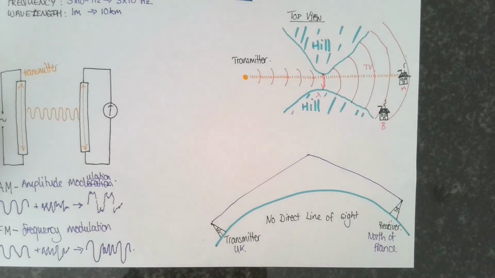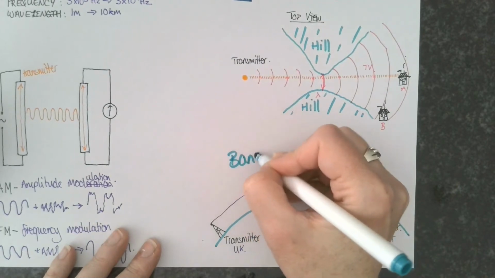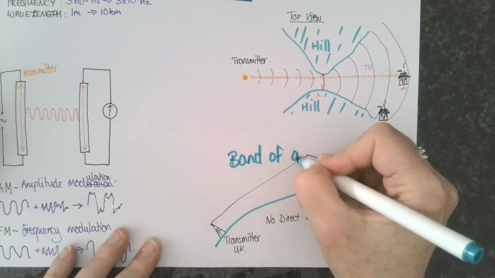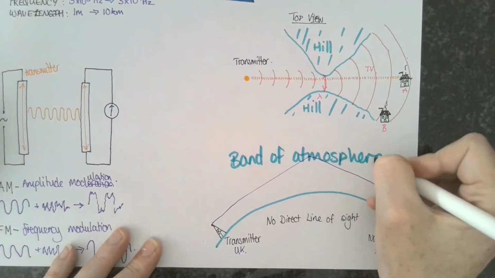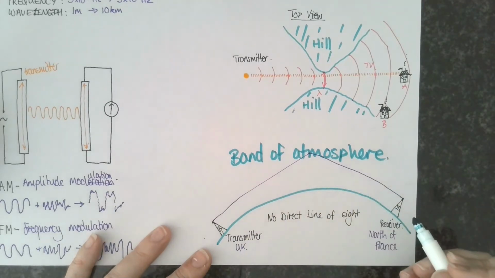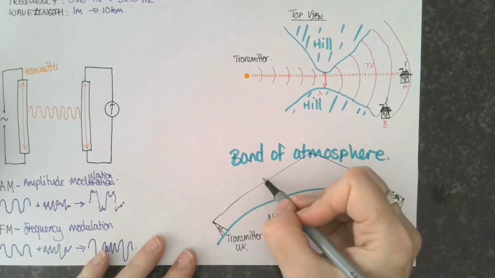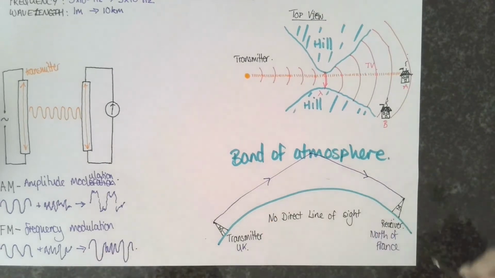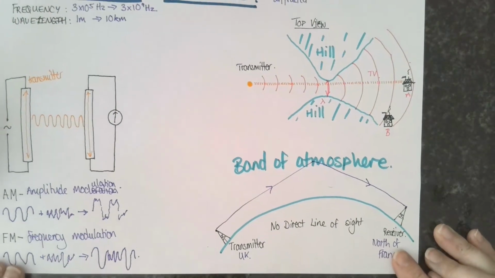So there is a band of the atmosphere, it's actually slightly charged, and what happens is there is refraction, so bending and reflection of those radio waves, and so they can be received by the receiver. So that's why when you're on holiday in the north of France, you might pick up long wave radio, but you won't pick up a short wave.